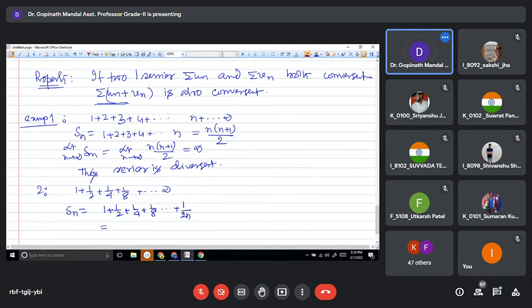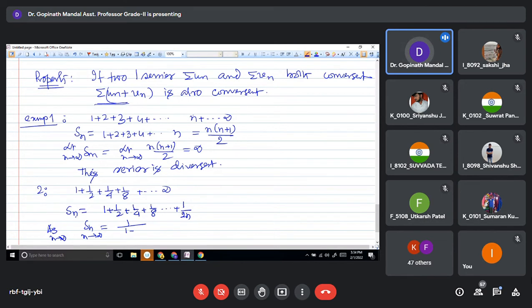Now as n tends to infinity, Sn equals a upon 1 minus r can be applied.